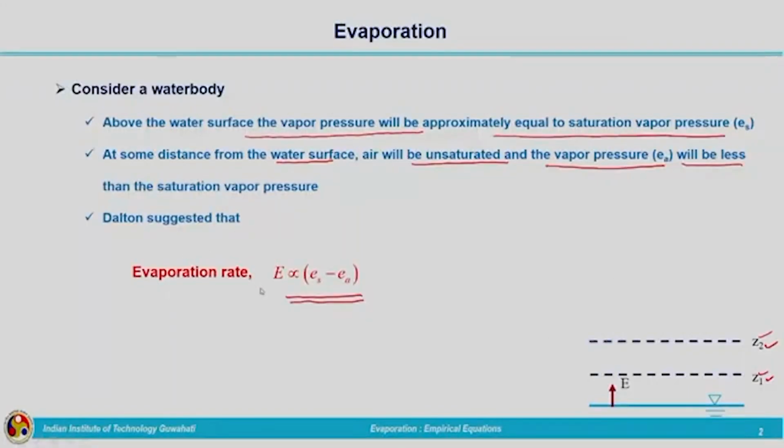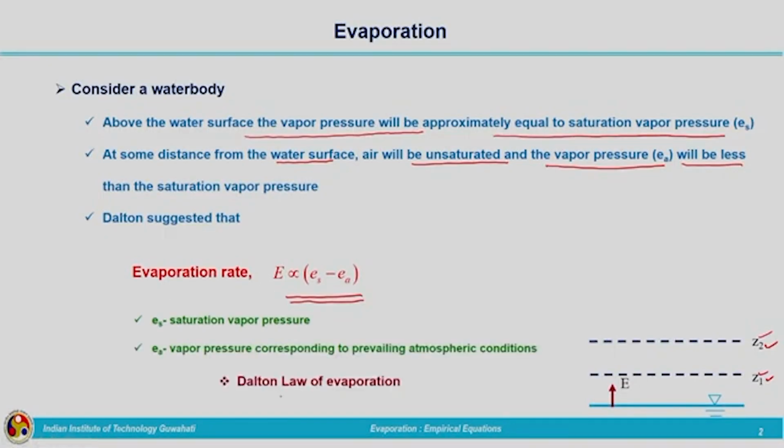That deficit enables vapor transport with the action of wind, so it is the reason behind the evaporation. What Dalton suggested is that the evaporation rate is proportional to that deficit, ES minus EA. This is known as Dalton's law of evaporation.